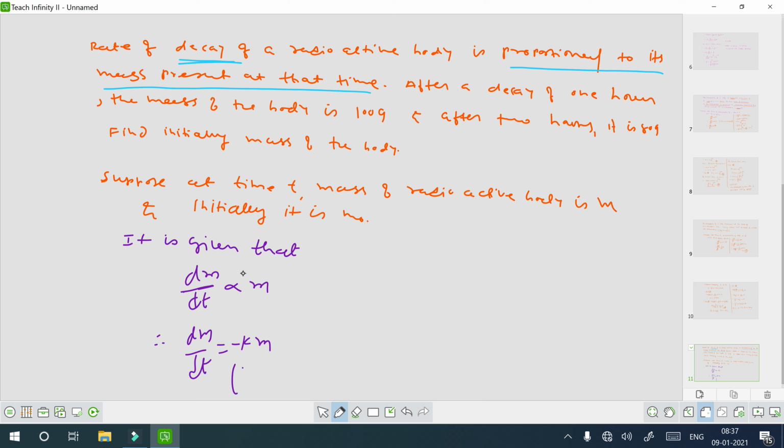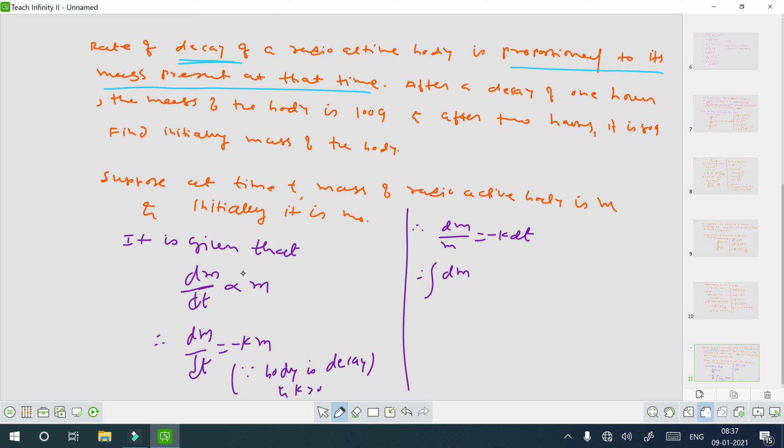Why? Because bodies decay, and k is greater than 0. Only then is minus k less than 0, right? Yes. And therefore dm by m is equal to minus k dt.